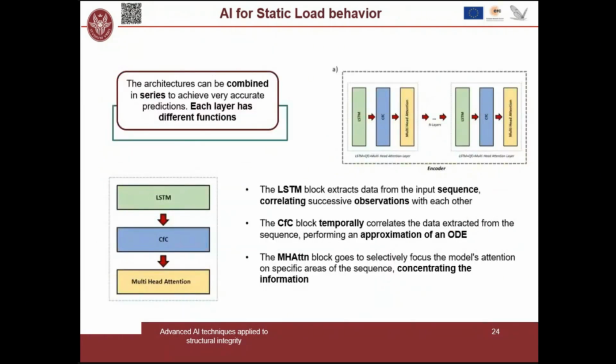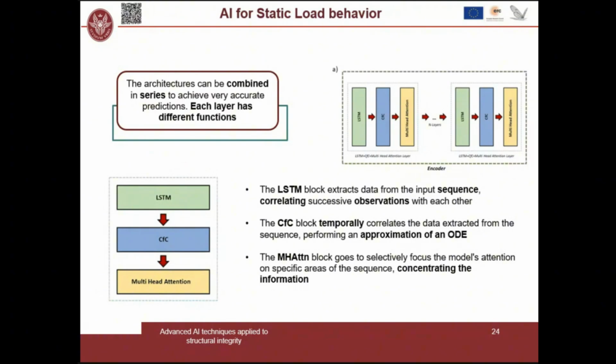So in this research, I have combined different neural networks, and each layer does different things. So, for example, the first layer is the long short-term memory. The long short-term memory extracts information from the input sequence.